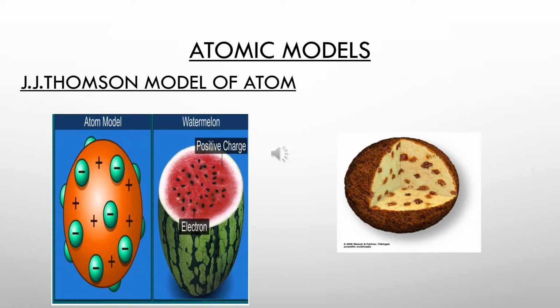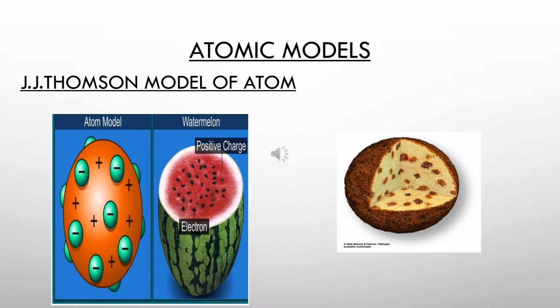The first atomic model was proposed by J. J. Thomson, which is very well known as Thomson's model of atom. According to the postulates of Thomson's atomic model, an atom resembles a sphere of positive charge with electrons present inside the sphere.